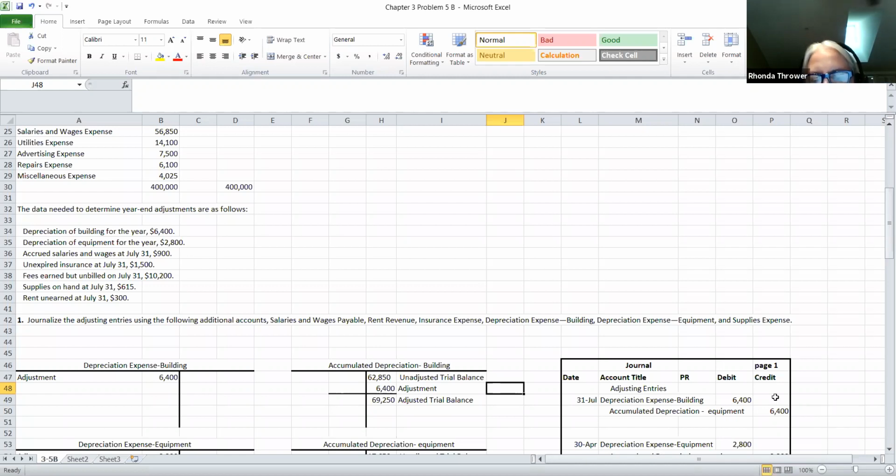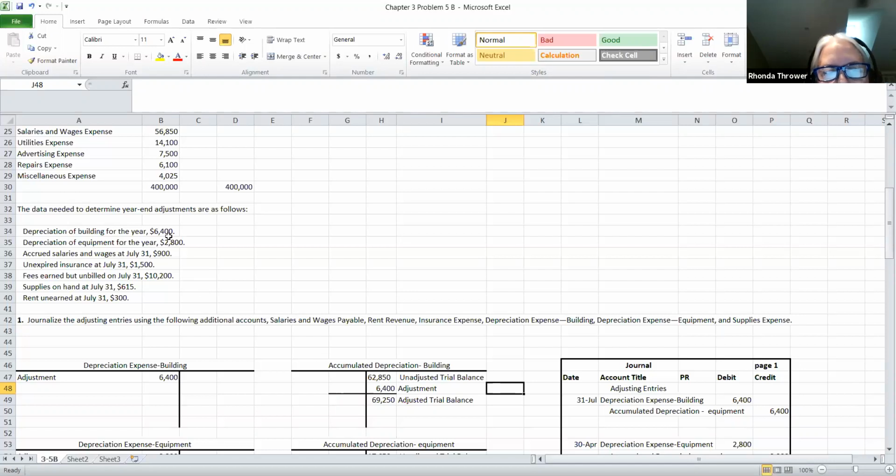The rebalanced ledger account for accumulated depreciation is going to be $69,250. And so this T account, which is a tool here that I've created, can also represent your ledger account. Your ledger account had a previous balance that was brought forward of $62,850.